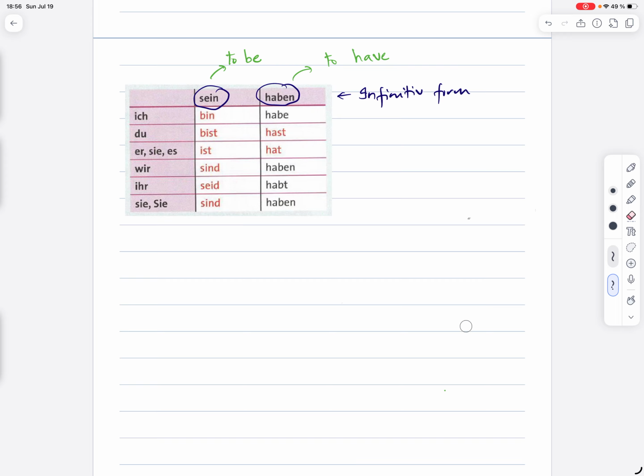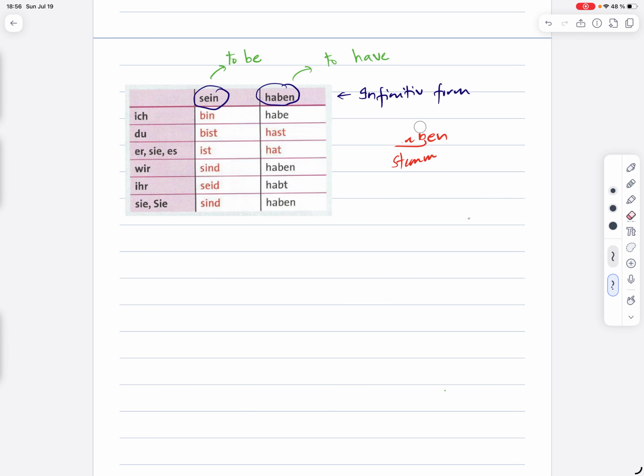The infinitive form is haben and the stem form is hab. So you remove the en part, right? And then you conjugate the stem part.